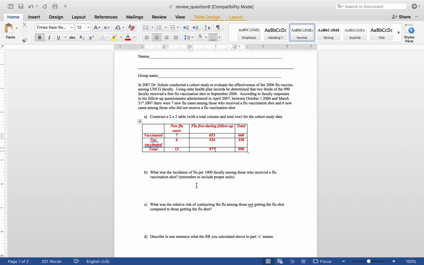So item B asks, what's the incidence of flu per 1,000 faculty among those who received a flu vaccination shot? So our formula for incidence is the total number of new cases over the total population that was at risk. And so for this item, the population is those who received a flu vaccine.